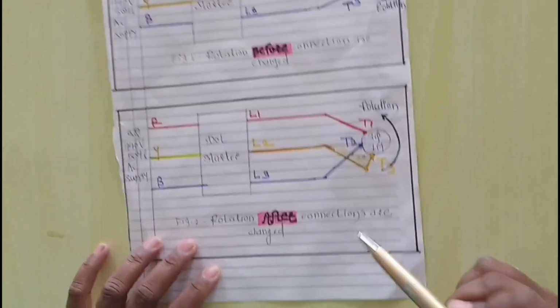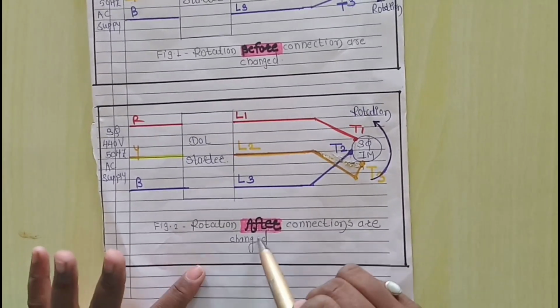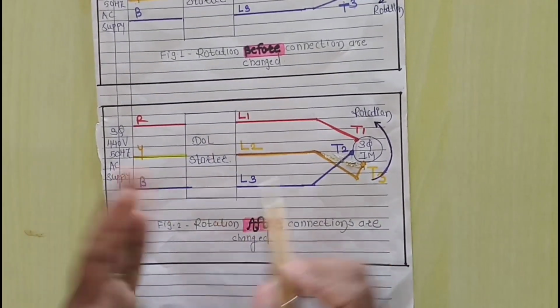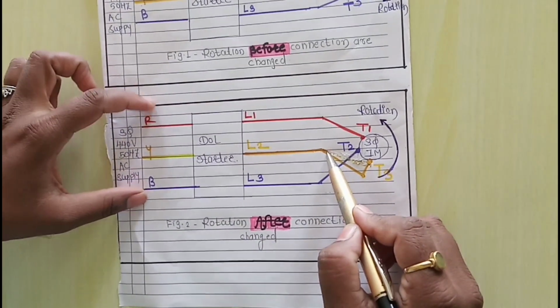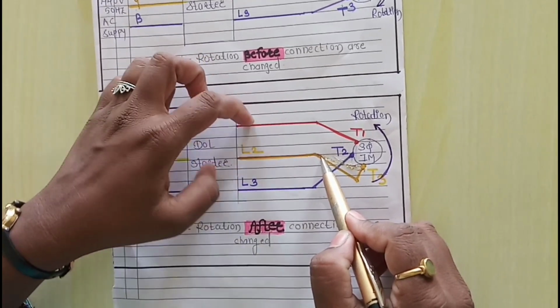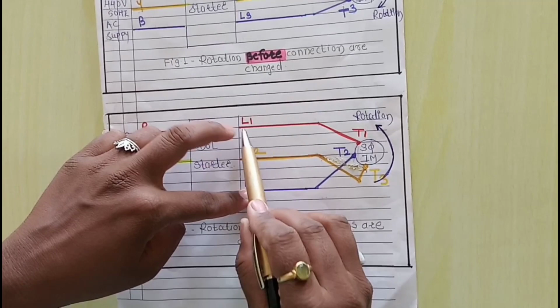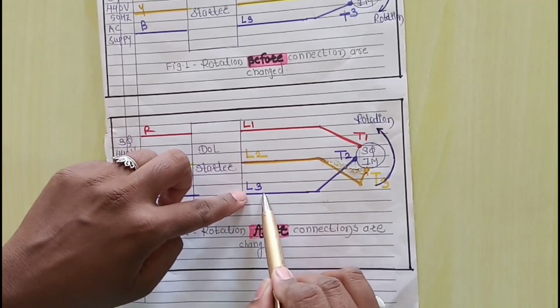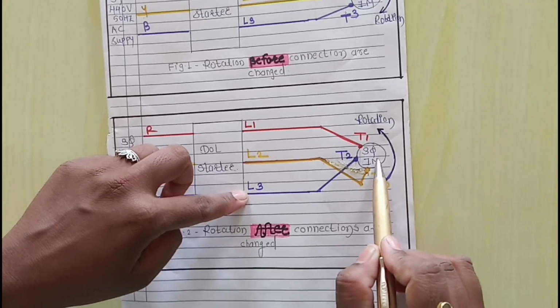In figure 2, the rotation will get reversed after changing the connection. Simply we are changing two terminals. Other connections are again similar: RYB three-phase supply, DOL starter. Here again incoming L1, L2 and L3 lines. The only change is that L2 and L3 are interchanged with respect to the two terminals of the induction motor.